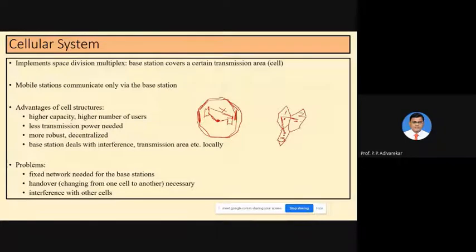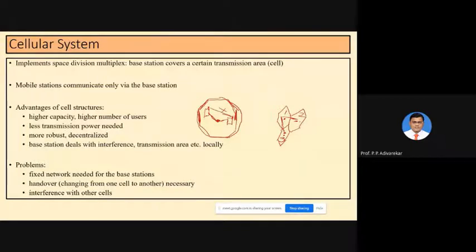All base stations need to provide services to particular mobile users, so he should be able to communicate, and that is where the cellular structure provides the flexibility of decentralizing the process of service that it provides. And the load on a single base station is reduced because of the decentralized process.